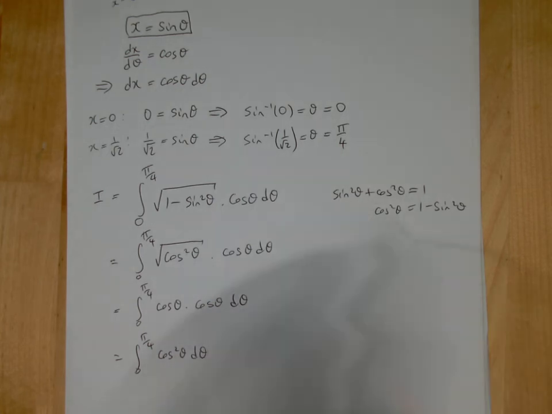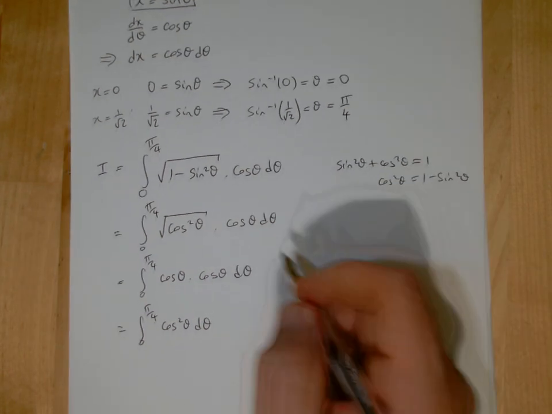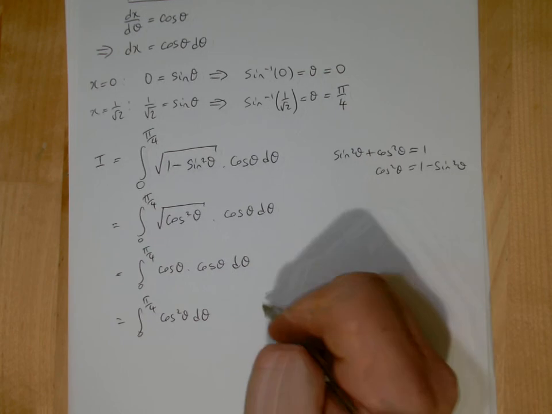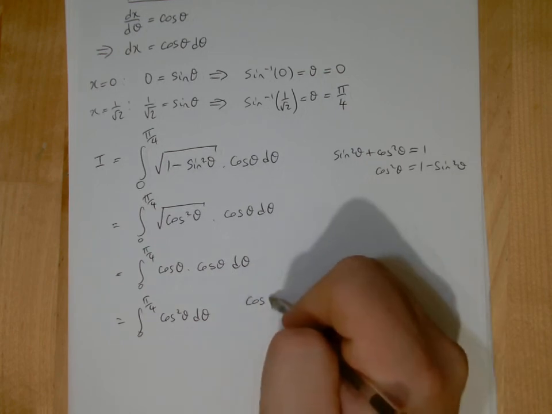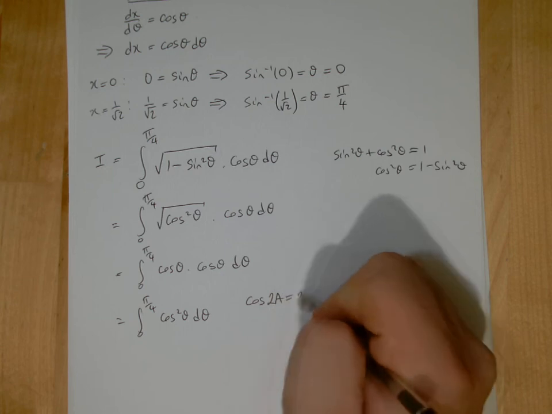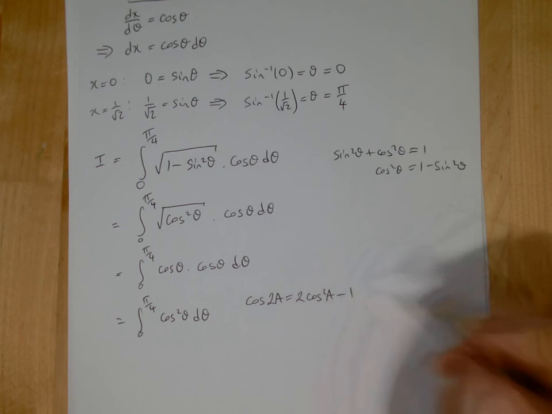We saw in the previous video how to integrate when we've got cos squared theta. Remember, it always goes back to your double angle rules. Let's just remind ourselves: cos 2A equals 2 cos squared A minus 1.